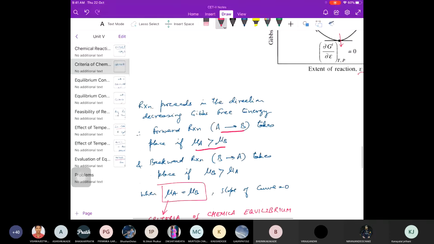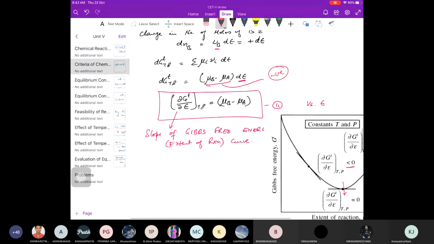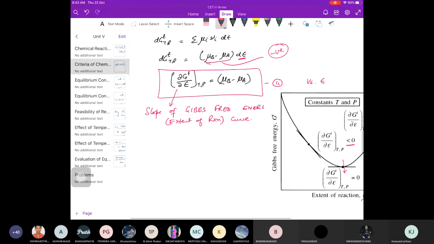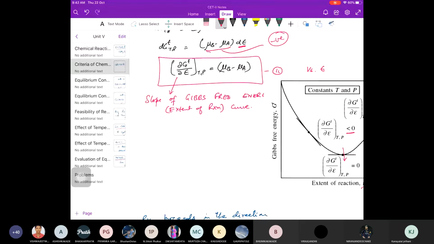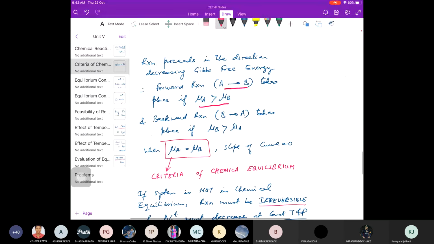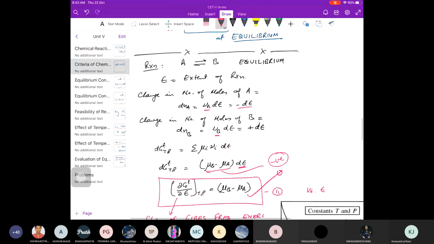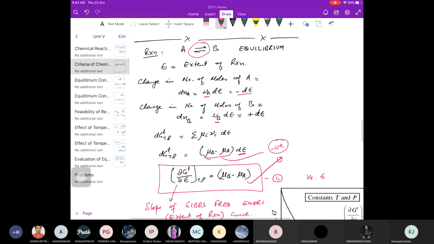So when mu A is greater than mu B, this term will be negative. Reaction taking place, because we are talking about an equilibrium reaction. This is a reversible reaction. So in certain situations, the forward reaction takes place. In certain situations, the reverse reaction takes place. And at equilibrium, what happens at equilibrium for a reversible reaction?